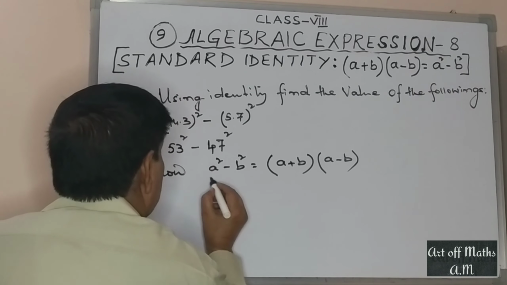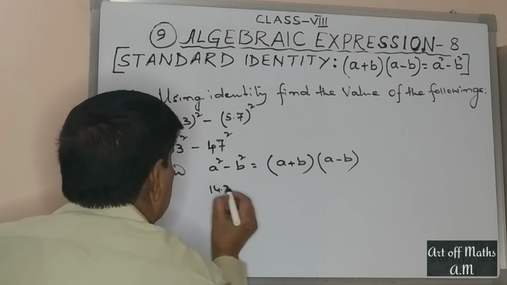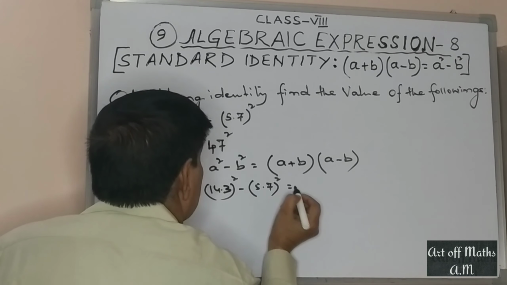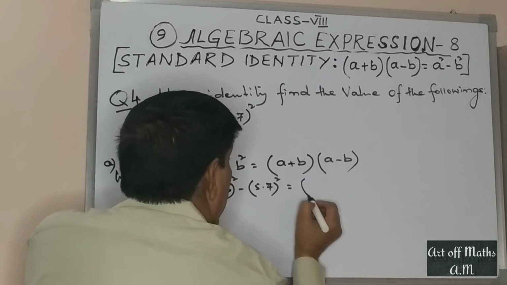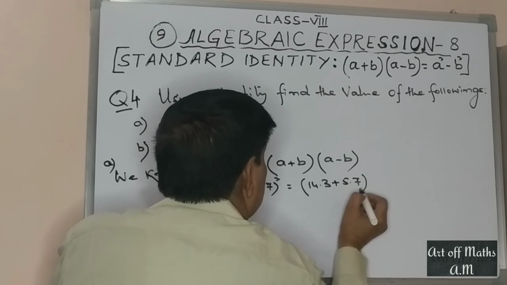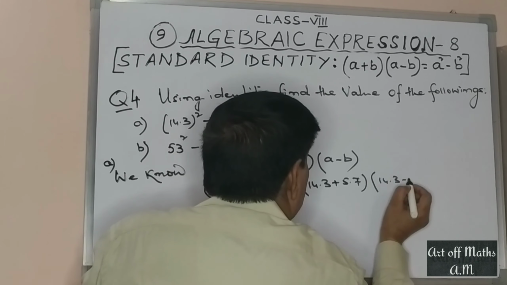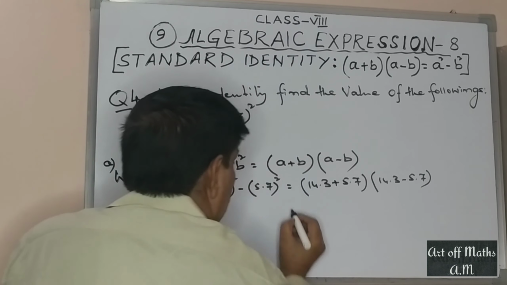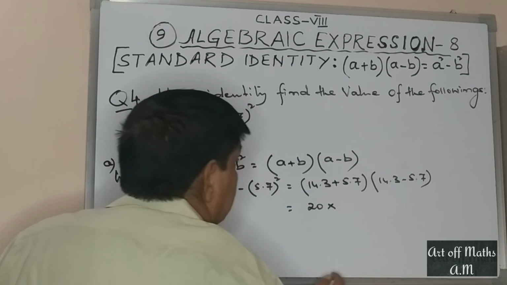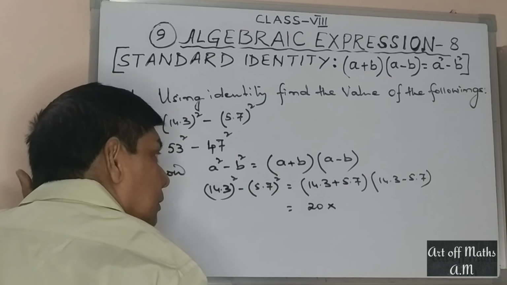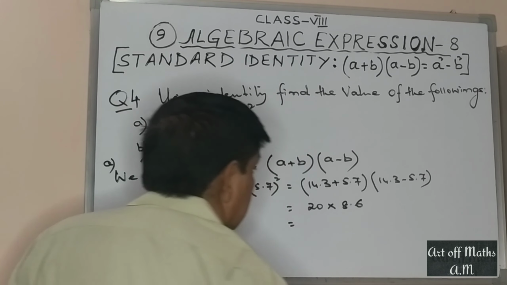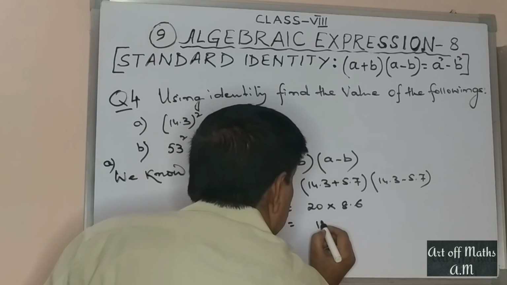Now we have 14.3 square minus 5.7 square equal to first element plus second element, (14.3 plus 5.7) into (14.3 minus 5.7). That is 20 into 8.6, equal to 172.